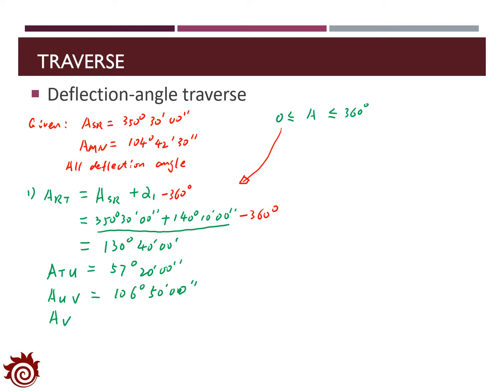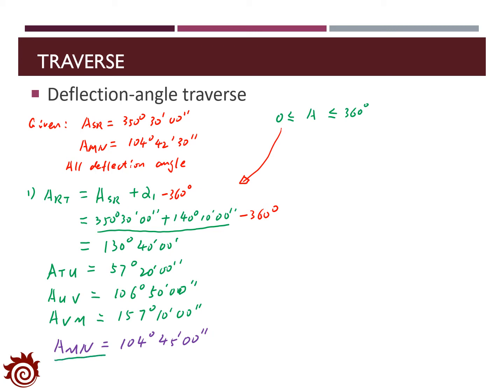AVM is 157 degrees, 10 minutes, 0 seconds. And eventually we will have AMN equal to 104 degrees, 45 minutes, 0 seconds.